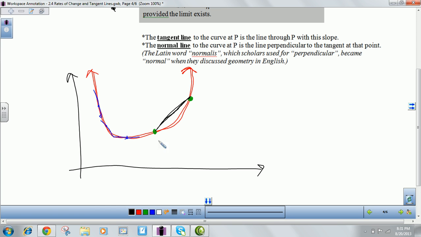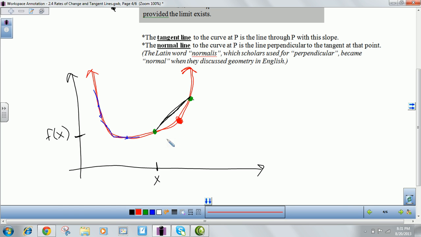Now, let's identify this as x, and let's identify this as f of x. Good? Now the point is to find the slope at a particular point. And if we chose these 2 points on our graph, then what we're going to try to find is the point in between.